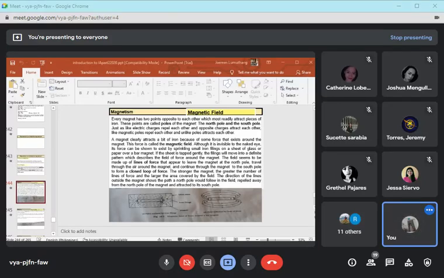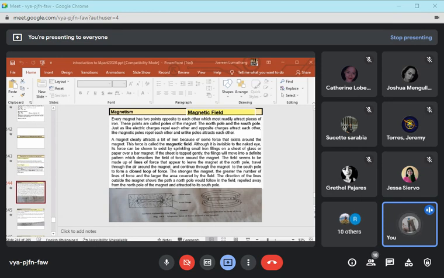So, magnetic field. Every magnet has two points opposite to each other which most readily attract pieces of iron. These points are called poles of a magnet. I know that you are aware of the poles of the magnet, the North Pole and the South Pole.